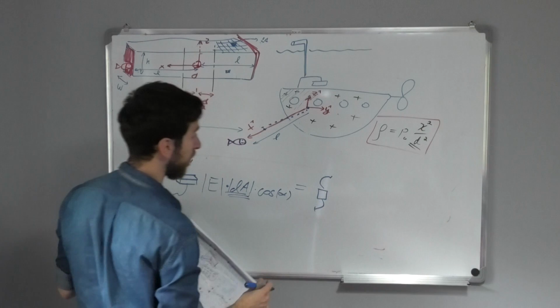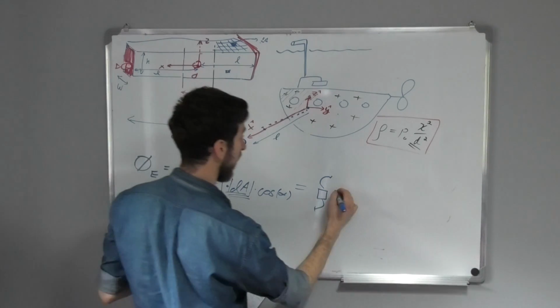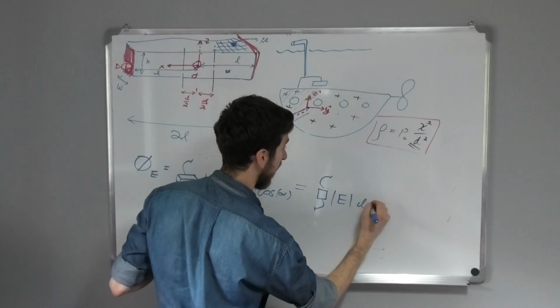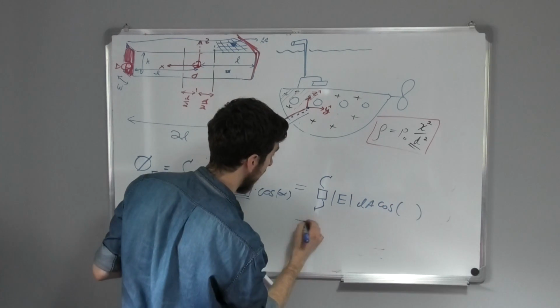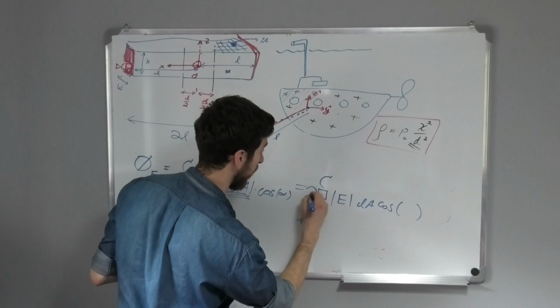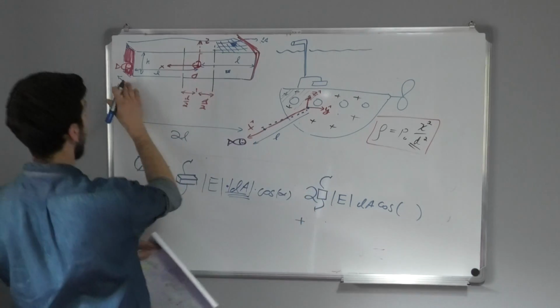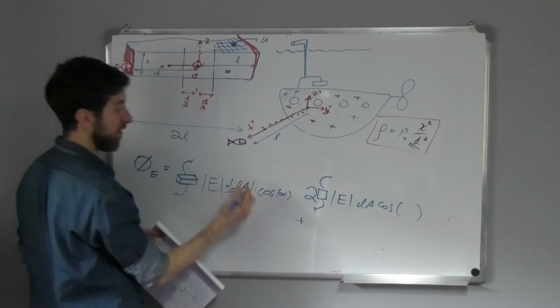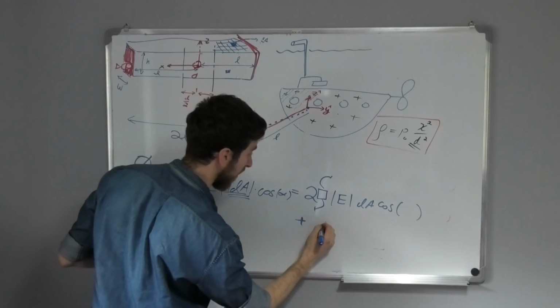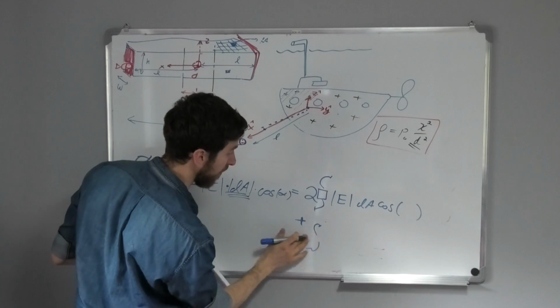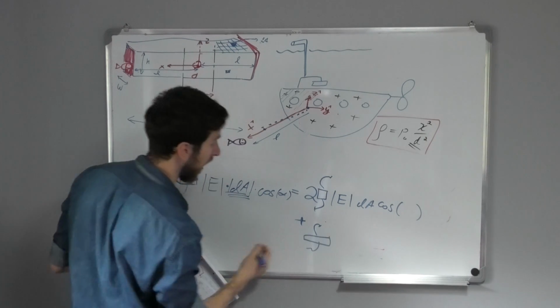I can have this one, which is equal to the integral of E dA cosine, leave it open, plus, and I have two of those, right? I have one here and one inside. So it's equal to two of them, plus another integral, which is dealing with the long sides, right?